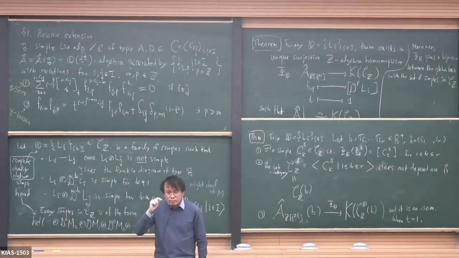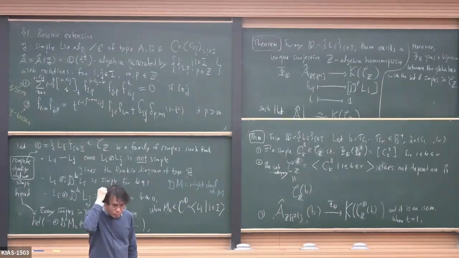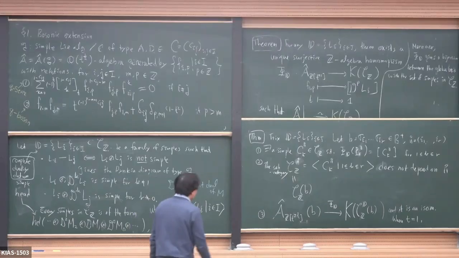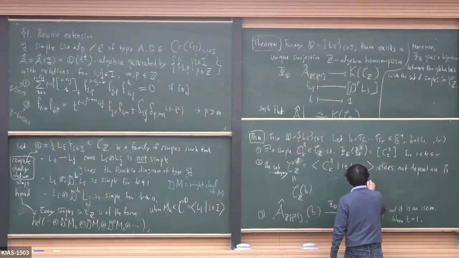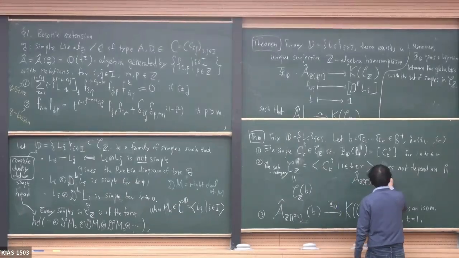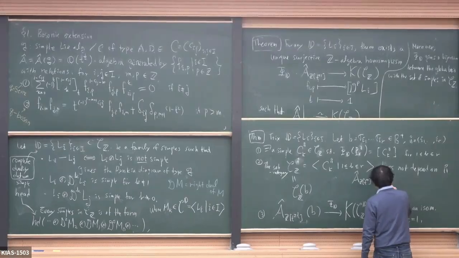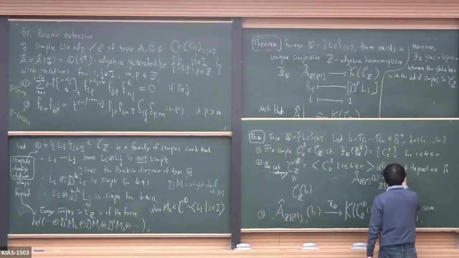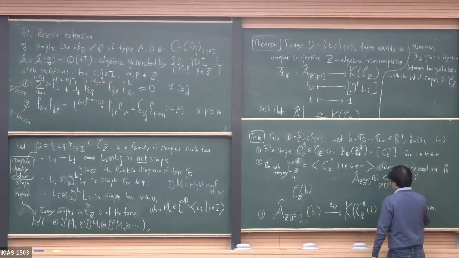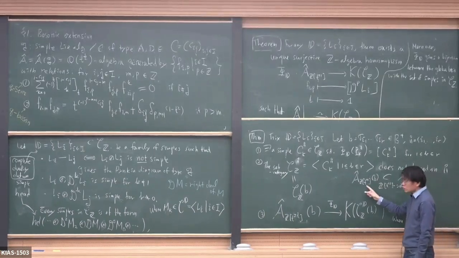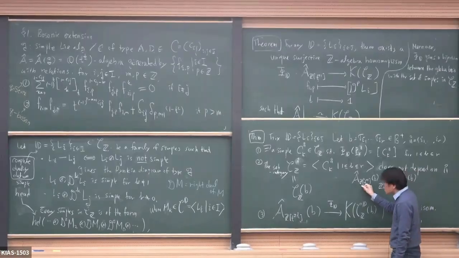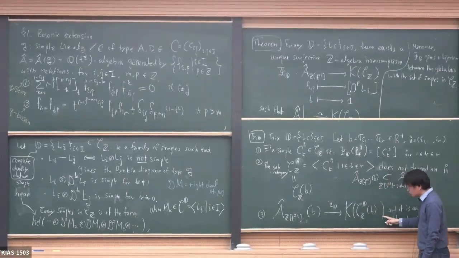Next, could you explain the constraint of T equal to 1? Okay, can you explain what it means? Yeah. This is a subalgebra of the Bosonic extension. So it's an algebra over the Laurent polynomial ring. So you can specialize T equal 1. Then you will get some algebra, and that algebra is isomorphic to this one.